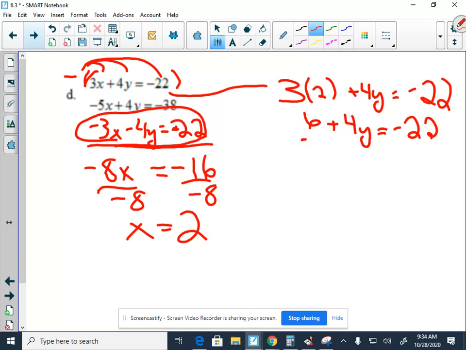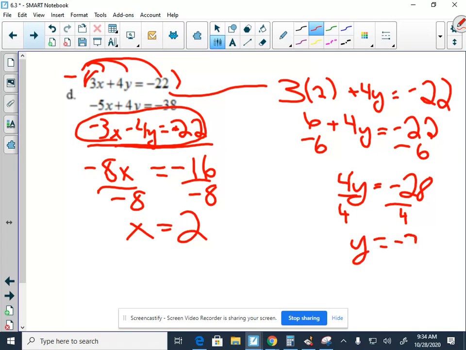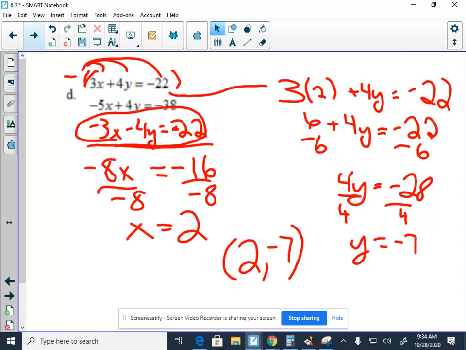I'm going to subtract 6. Or y is -28. Be careful there, a lot of negatives. Dividing by +4. And y is -7. So the answer to this one is 2, -7.